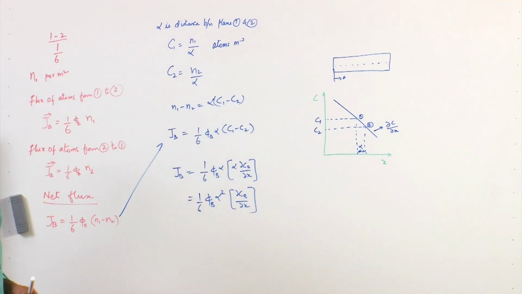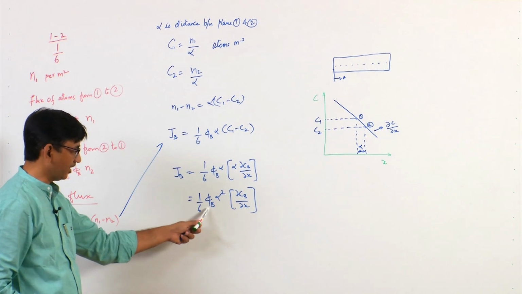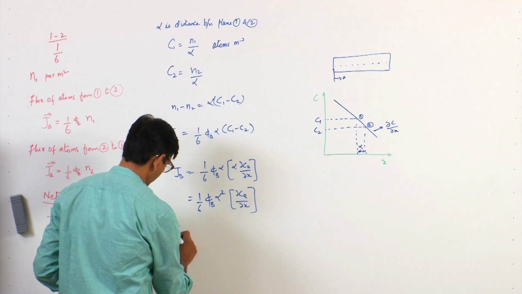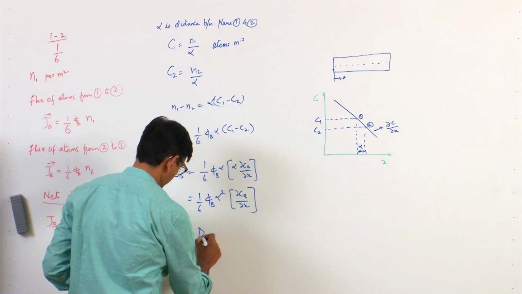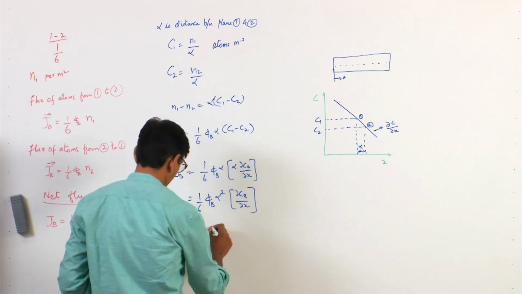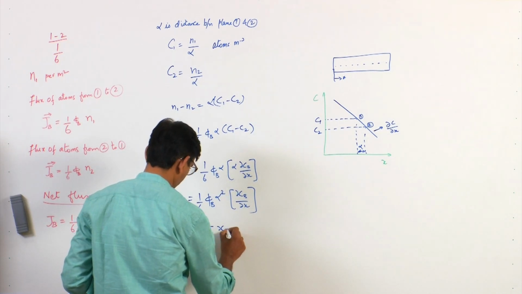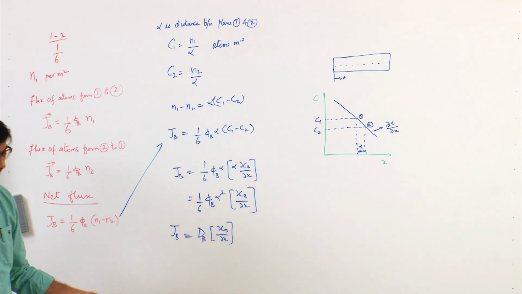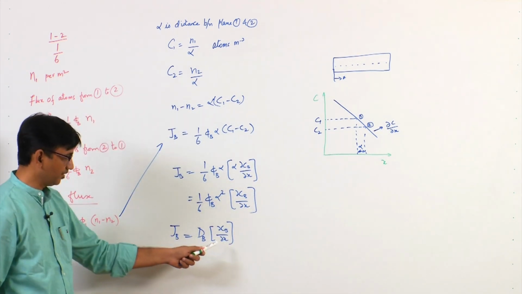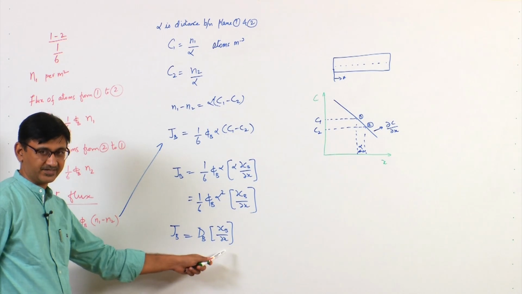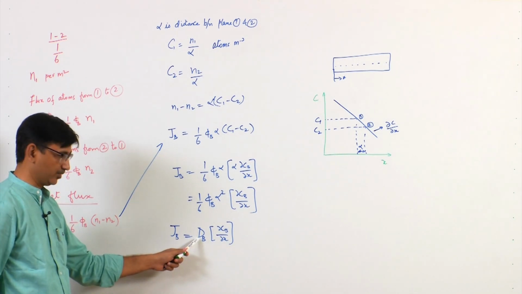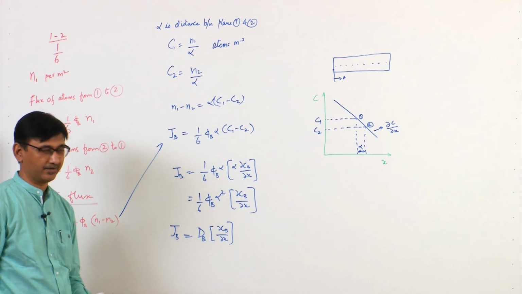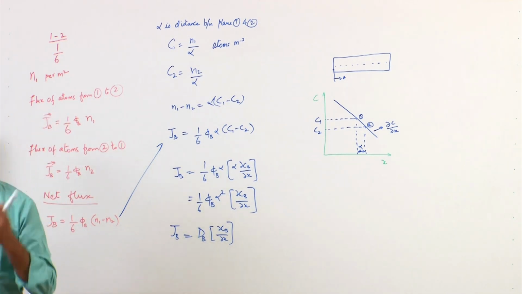And now I will say that this is my diffusion coefficient. So, JB will become the diffusion coefficient of B times the concentration gradient. So, that is what you usually get, that the flux is proportional to the concentration gradient, multiplied by the diffusion coefficient of atom B, and this is for interstitial diffusion.